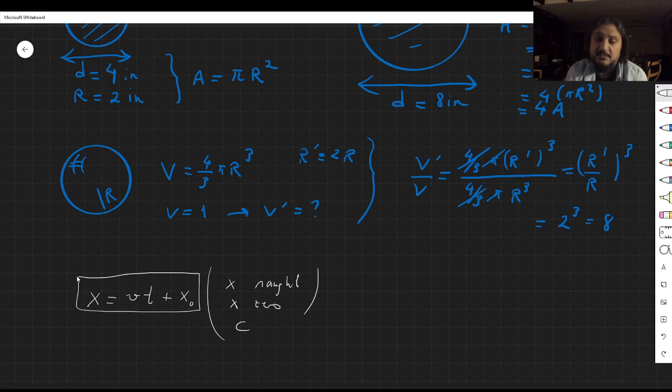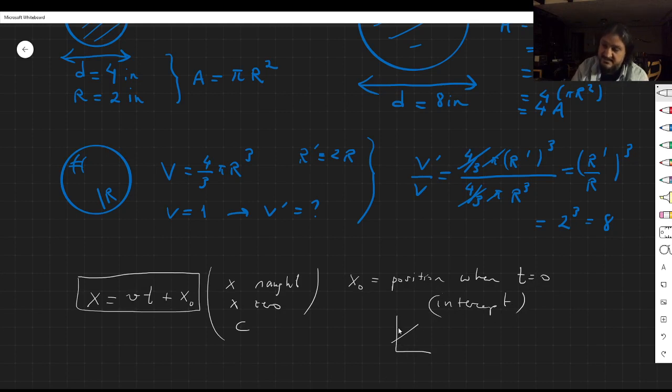I'm talking about the change of coordinates, x, location, with time, and x naught will be defined as the position when t is 0. Intercept, on your graph, right? The intercept here is x naught.